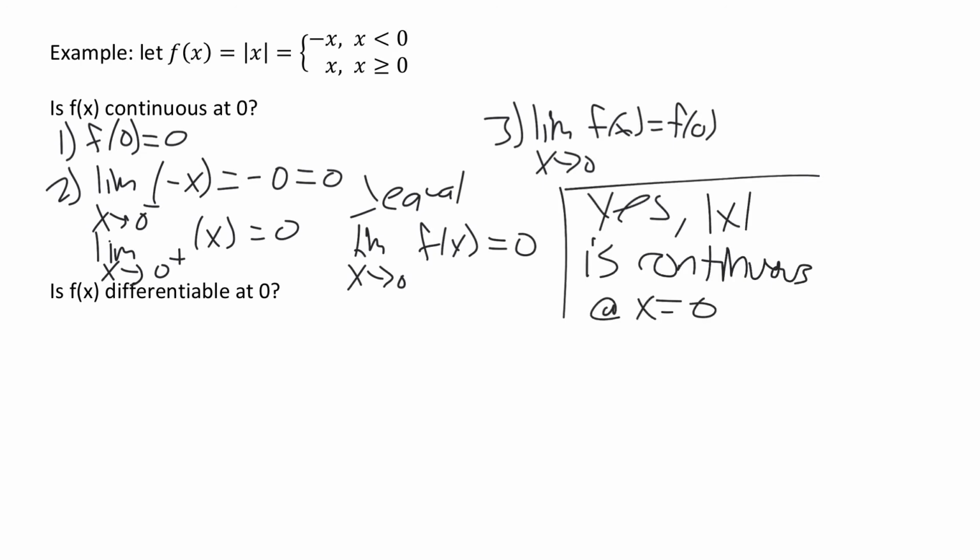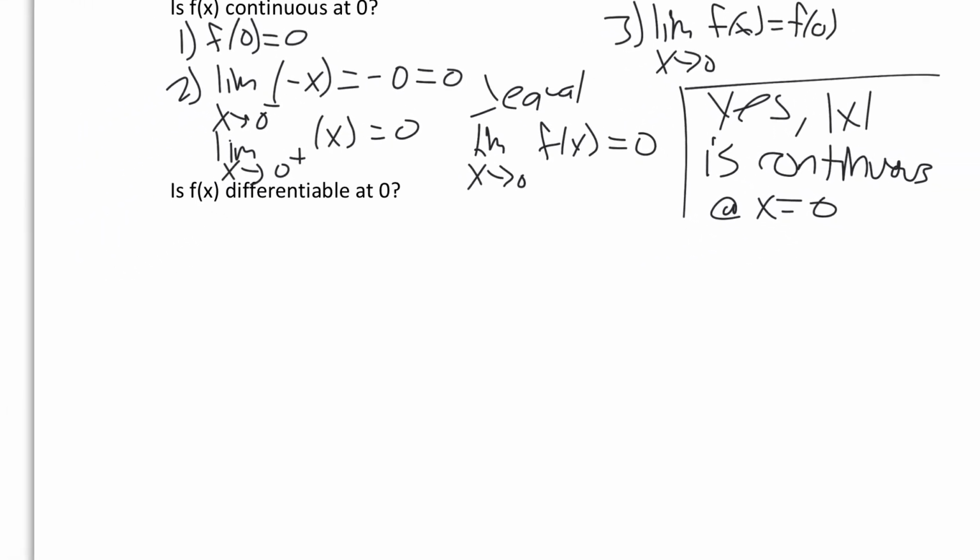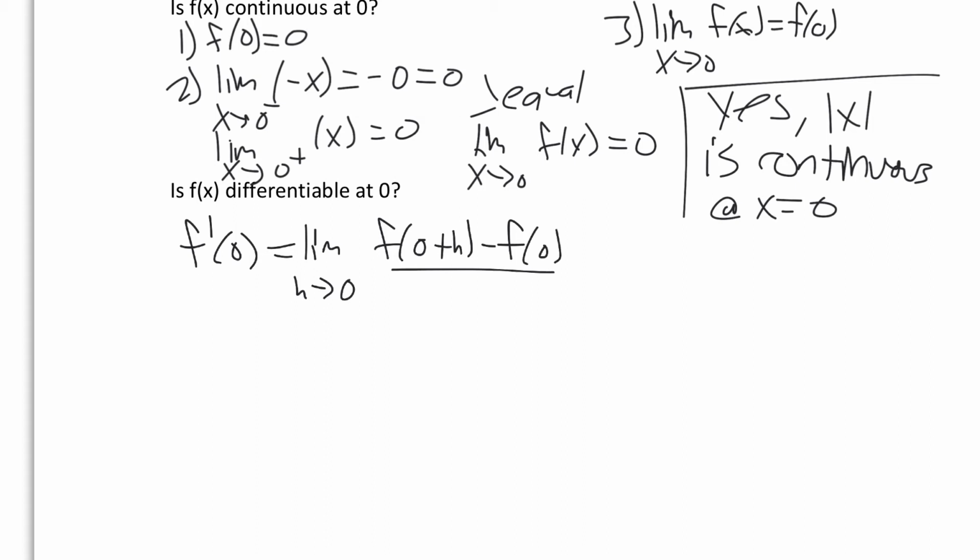All right, is it differentiable? Is it differentiable at 0? Well, to do that, we can go ahead and try to calculate f prime of 0, which is going to be the limit as h approaches 0 of f of 0 plus h minus f of 0 over h.